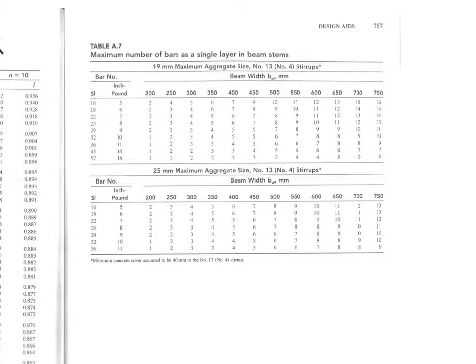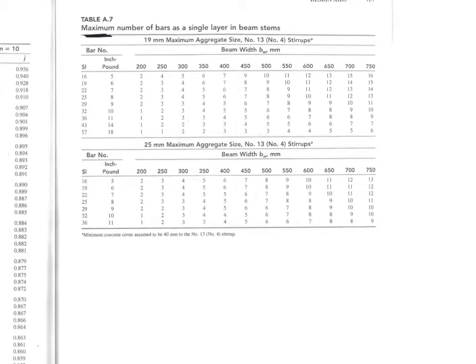It says that this is the maximum number of bars as a single layer in a beam stem. What does that mean? Remember CS minimum, when I told you to calculate CS and then compare it to CS minimum? This table does it for you.